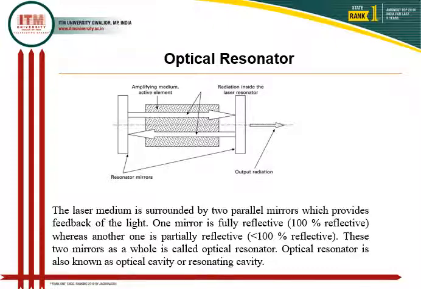We have devoted a complete lecture to amplification, so you can go through that lecture again if you want the detail of this resonator, how it creates resonance. First, we will have spontaneously emitted photons, then these spontaneously emitted photons will strike some electrons in the excited state, so this will generate stimulated emitted photons, and so on. An optical resonator is also known as an optical cavity or resonant cavity.